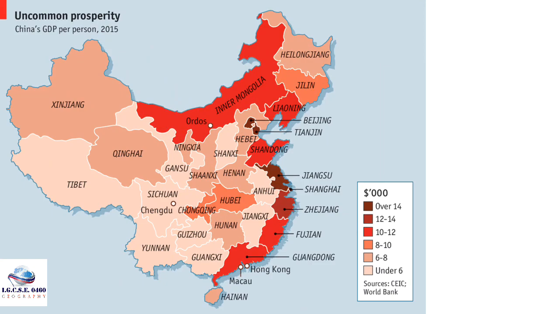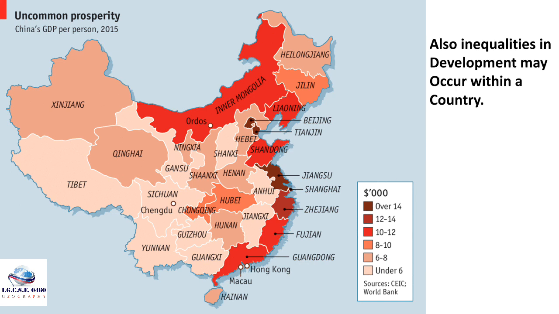Now we want to focus on a single country and look at the level of development between its regions. Using China as our example, we can see from this map that GDP per person is quite different in different provinces of China, and that tells us that inequalities in development may occur within a country.